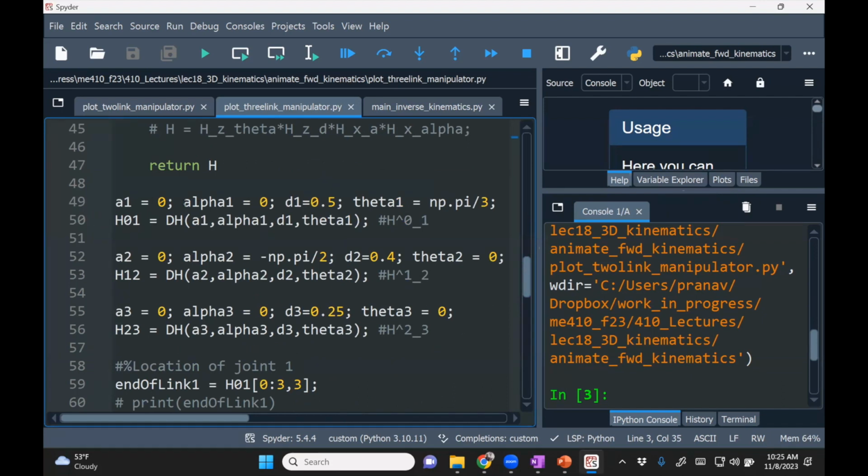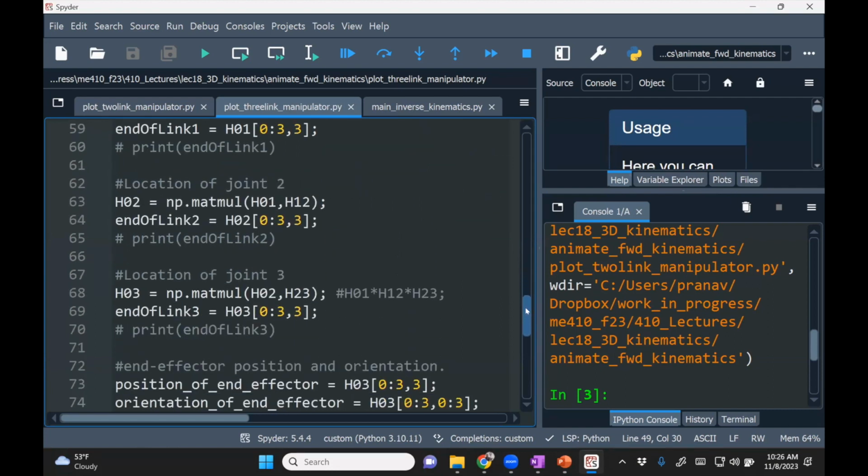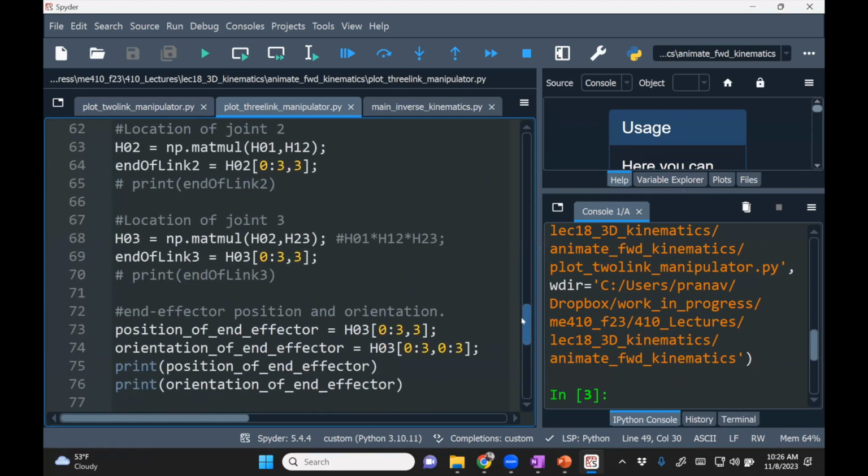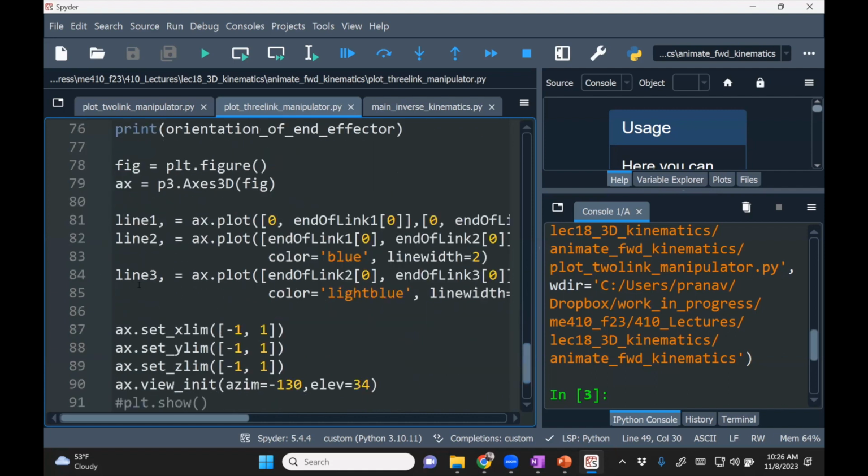Yeah, I have theta 1, theta 2, theta 3. This is the example 2 I did, not in this class, the previous class. In that example, there was a theta 1, there was a D2 and D3, I think. And then theta 2 and theta 3 was 0. Okay, so same idea. Get H0, H01, H02, H03. Then do line, line, line. So here I do line, line, line 2, and then I just plot it.